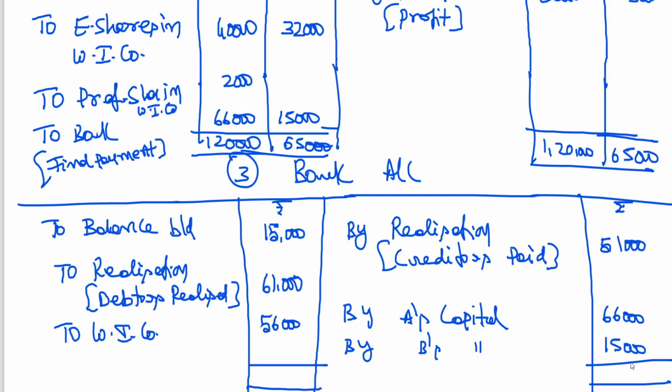Now 15,000 plus 61,000 plus 56,000, it is coming to 1,32,000.